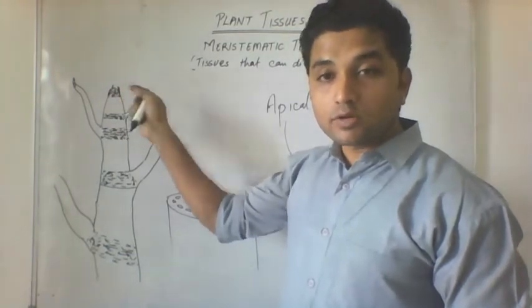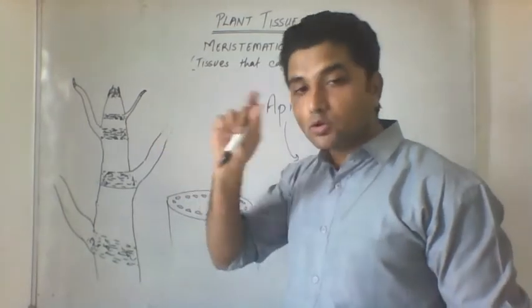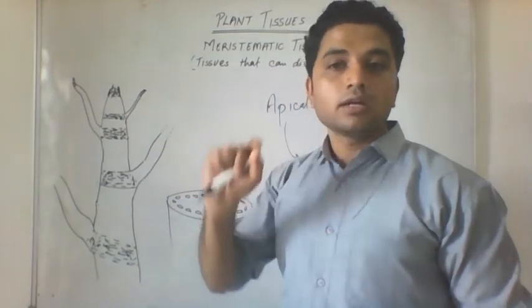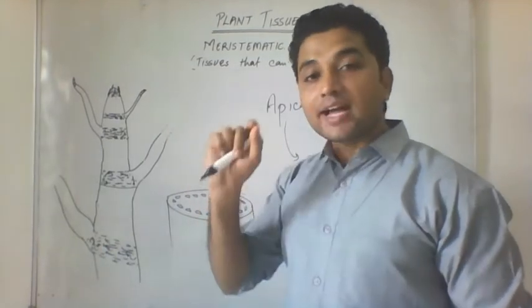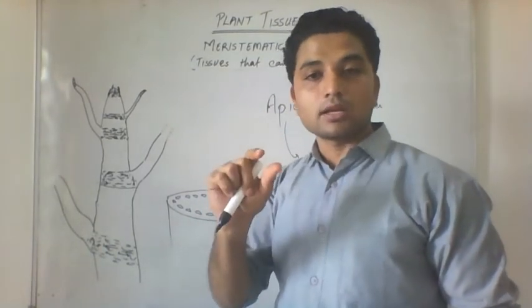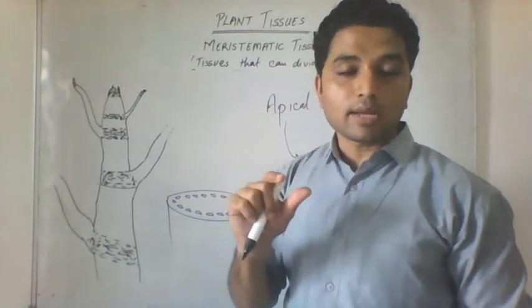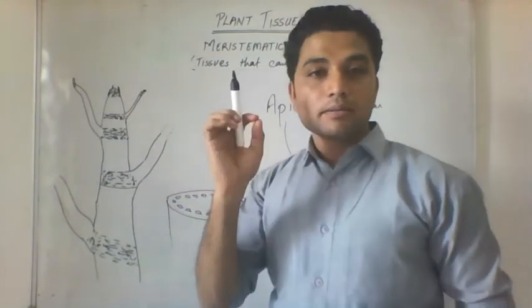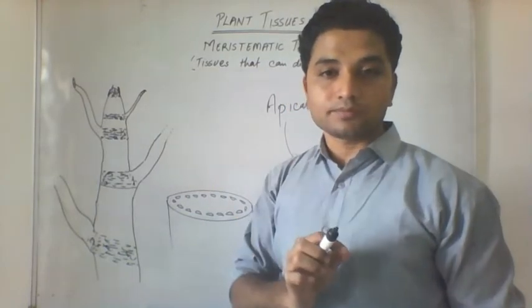If you take slices of these tissues and look into the microscope, it will be exactly what I told you last time. The cells will be small, the cell wall will be thin, vacuoles will be missing, but the nucleus will be thick, prominent, and the cytoplasm will be dense. So these here are the apical meristematic tissues.